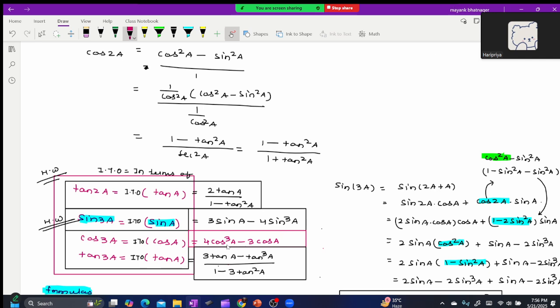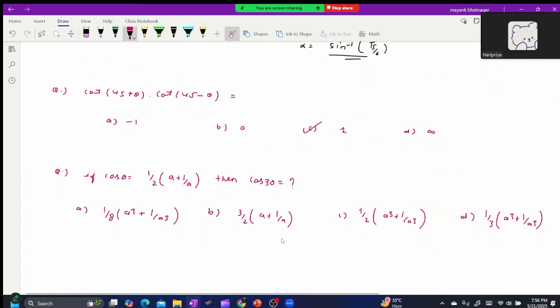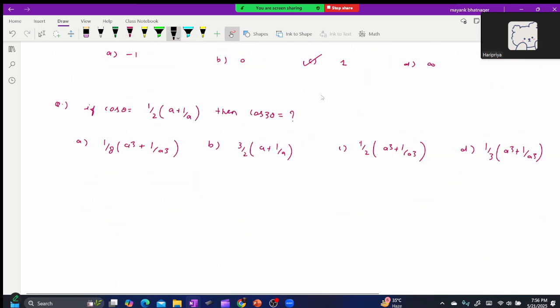That's why it is 4 cos cube theta minus 3 cos theta. So 1/2 of a cube plus 1 by a cube. One by two will be common in it.